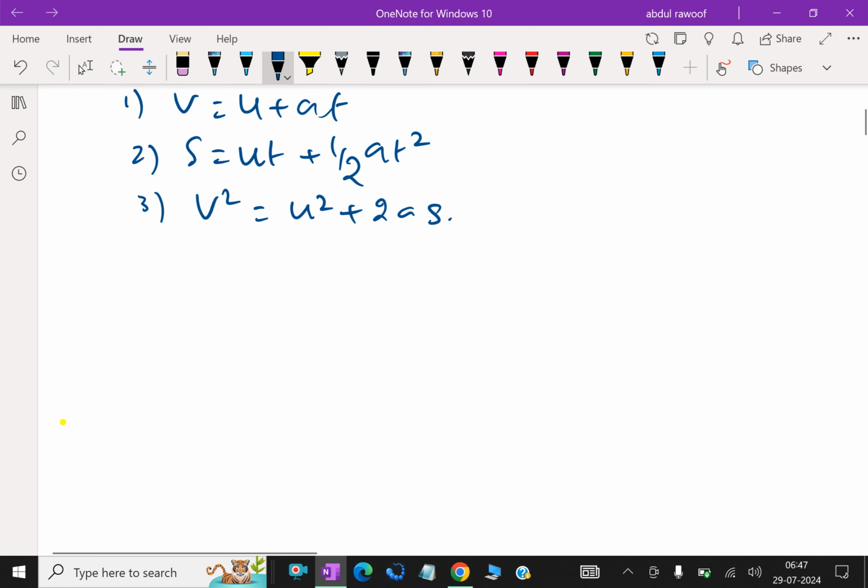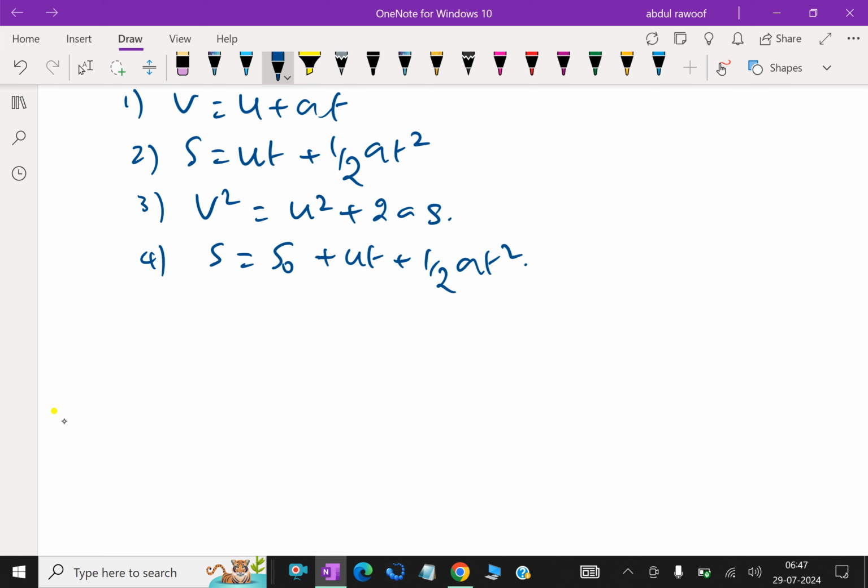And the fourth one, s equals s0, the initial distance, plus ut plus half at square.